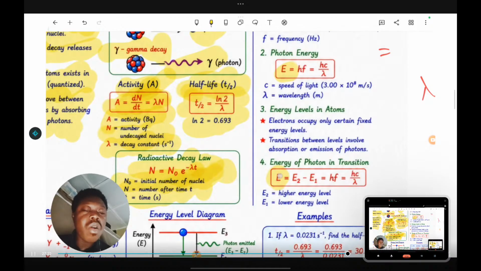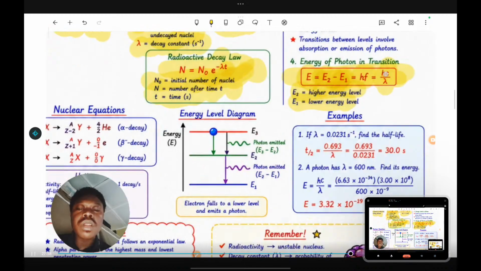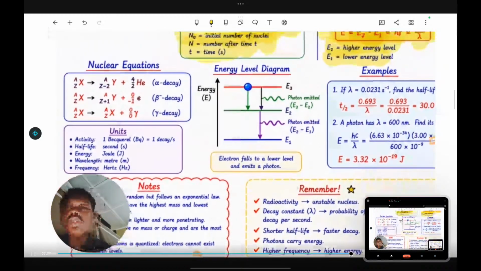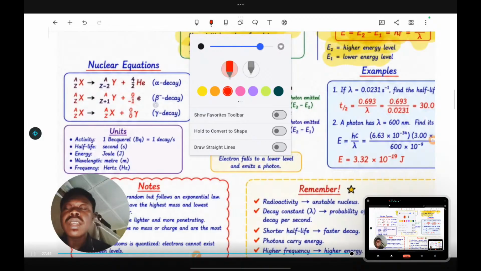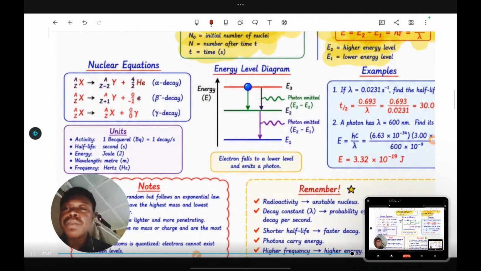We have the total equals the final minus initial. Okay, or you can say higher minus lower, which gives you this. And it's the same thing as HF, and the same thing as HC over wavelength. So you have three formulas here captured in one. So let's look at an example of how nuclear equations look for decay.